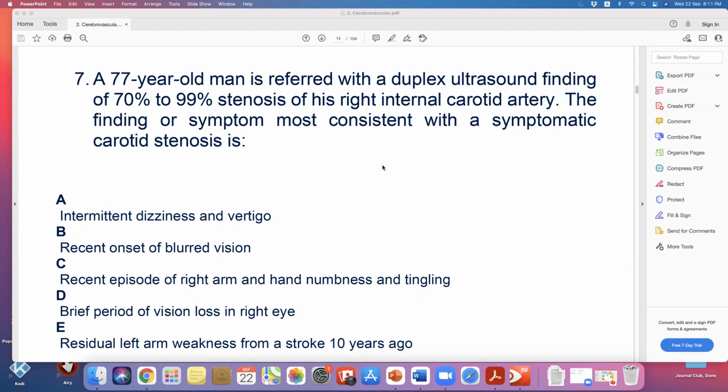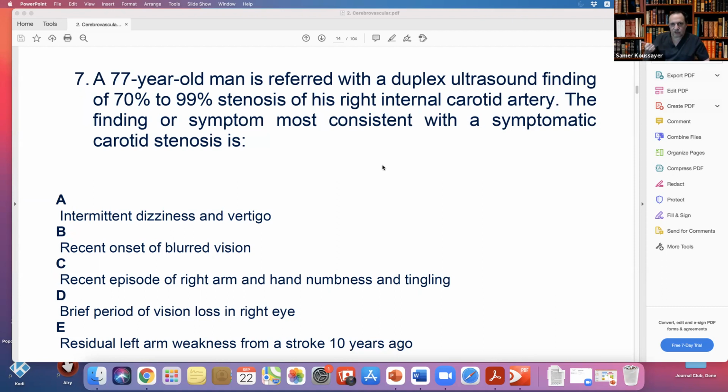In carotid stenosis, if he has a right carotid stenosis, it is the other arm. So if the patient has right stenosis, you get the symptoms on the left side for the arm and leg. For the eye, it will be on the same side, but the weakness will be on the other arm, okay?